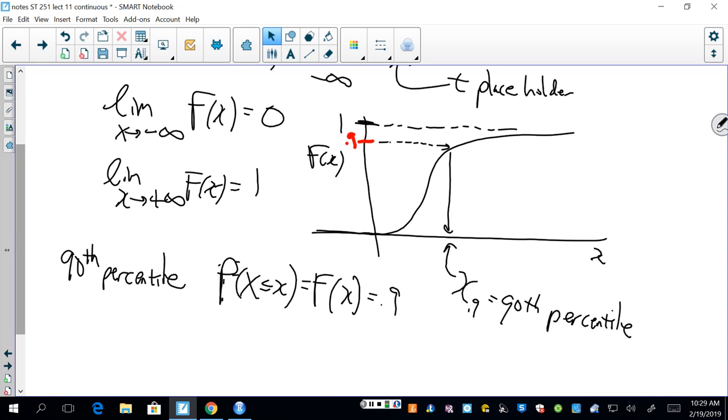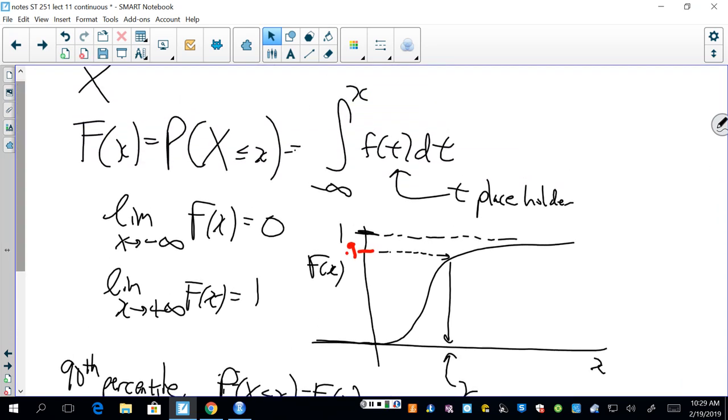So if you know the density function, you can do the integral and find the cumulative distribution function. Both of those describe the random variable and the chances of different values. If I tell you capital F of x, the cumulative, the CDF, how do I get back to the density function?